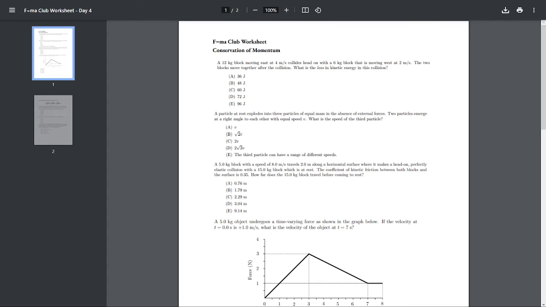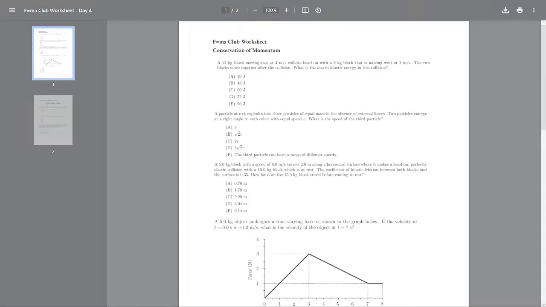All right. Let's do this. So we have 1 particle that explodes into 3 parts, and 2 of those parts have a right angle to each other, each with a speed of v. Remember that there is conservation of linear momentum.